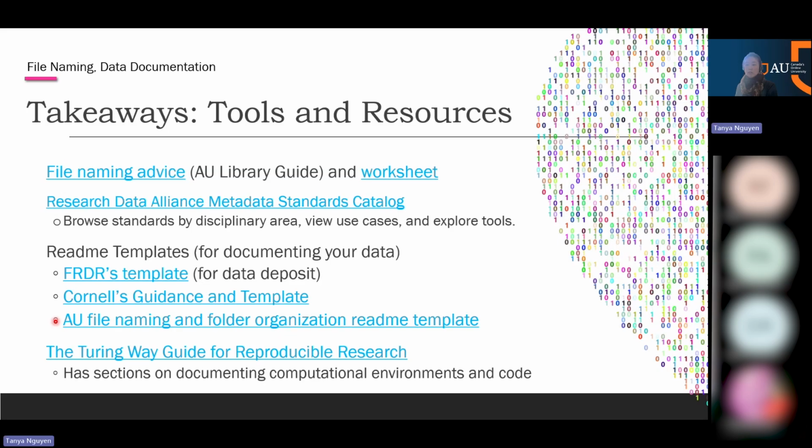So usually these README files, as I mentioned before, are actually a plain text file, and it's explaining how you're naming your files, where you're storing them, and again, you put them at the top level of your folders.